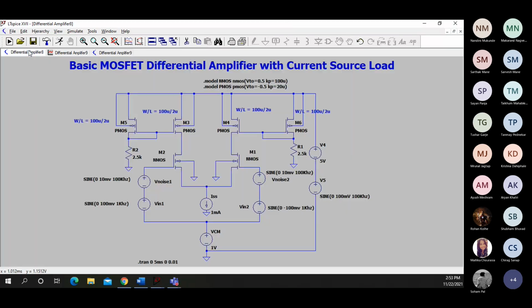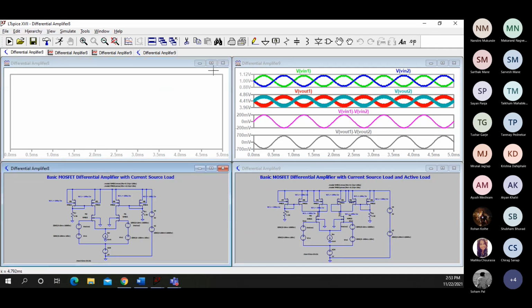So the performance is good, and similarly we can also see it for the differential amplifier with the current source load.